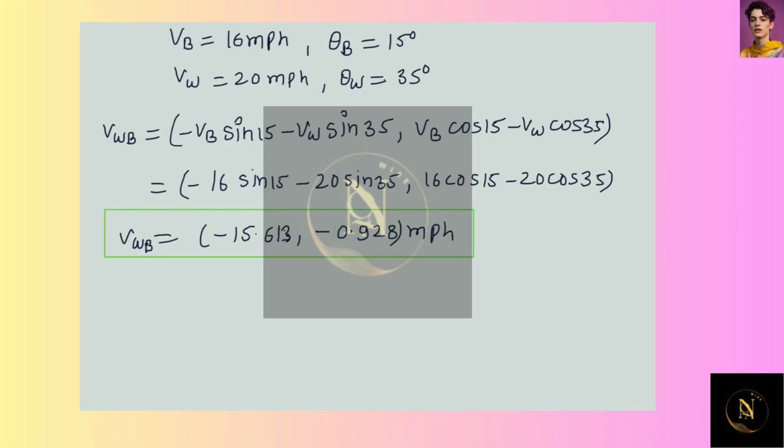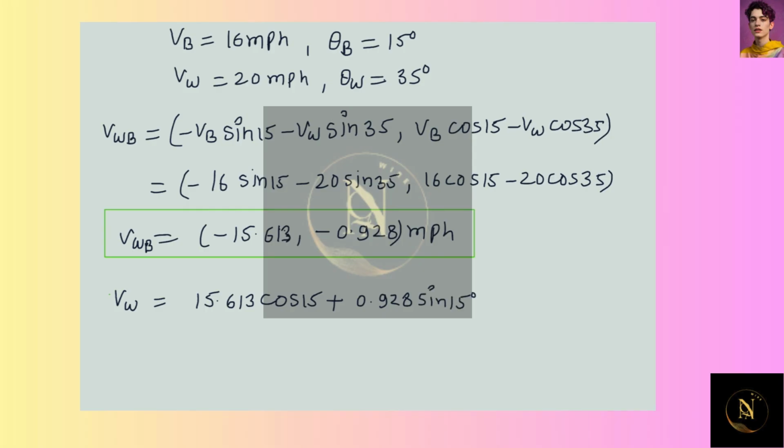Okay. So the next part is velocity of wind from the left direction. Okay. So the velocity of wind from the left direction Vw will be equals to 15.613 cos 15 plus 0.928 sine 15.